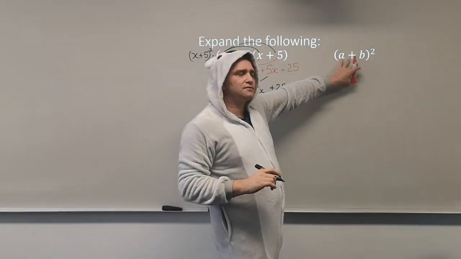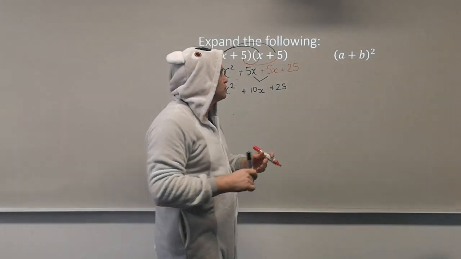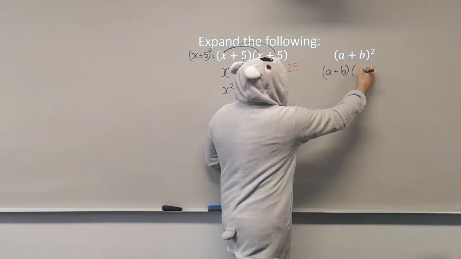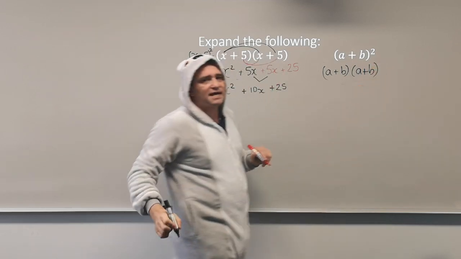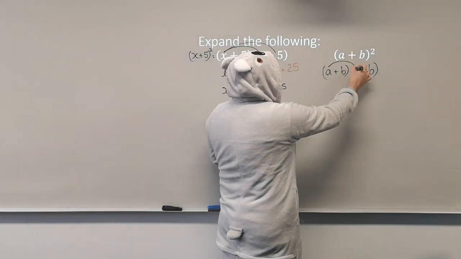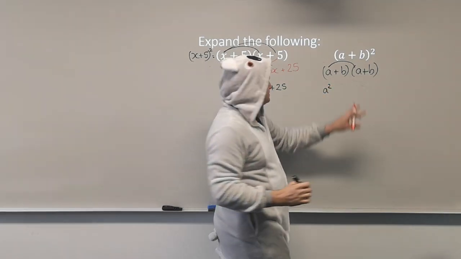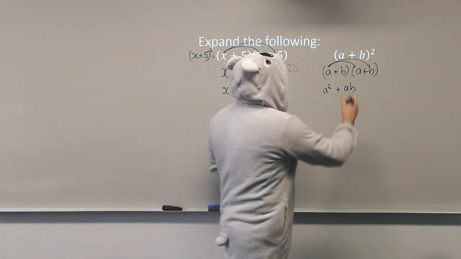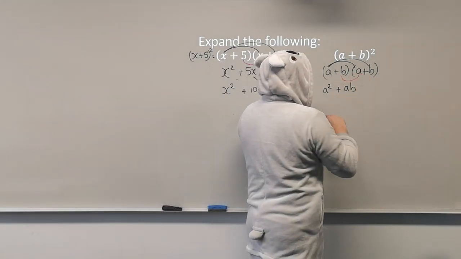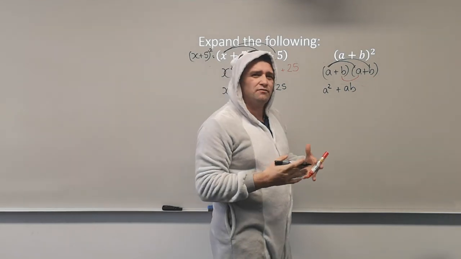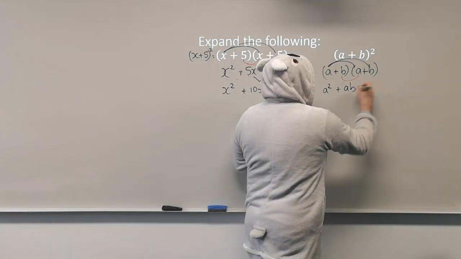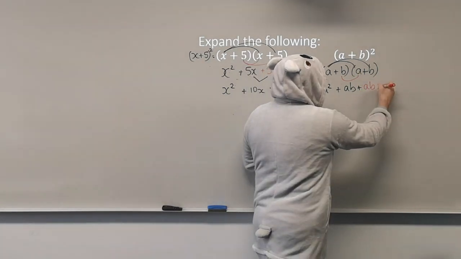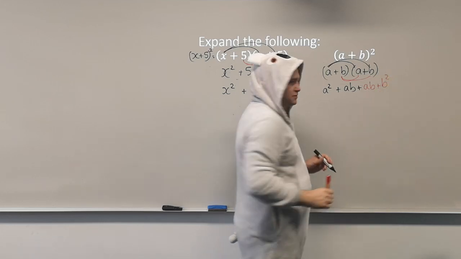So let's do this with our a and b, see if we can put our rule together. So we've got a plus b times a plus b. So a squared, ab. Now I know it's BA, but we always try and do things in alphabetical order just to make it a little bit easier to read. ab, b squared.